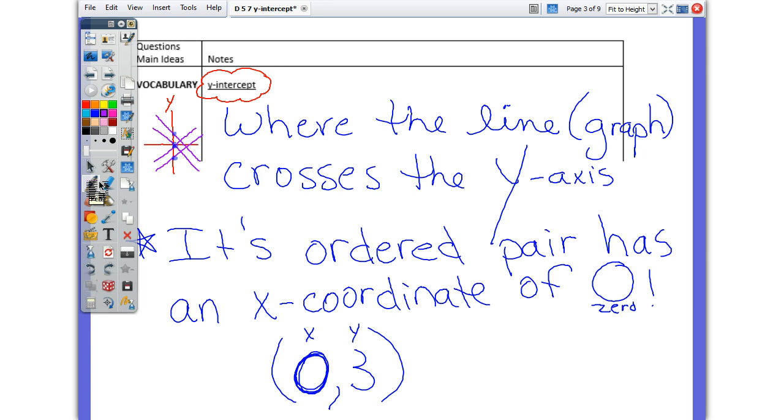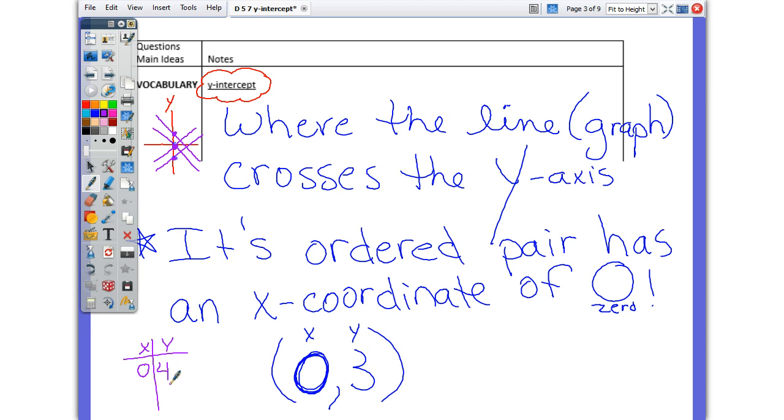So by looking at it on a graph, it's easy to see, because you can just go, there it is, there it is, there it is, there's your y-intercept. But if you don't have a graph, and you just have a table of ordered pairs, the t-charts, all you have to do in your t-charts, x, y, is look for anything that follows a 0. 0, 4.